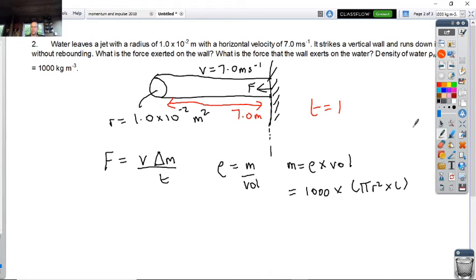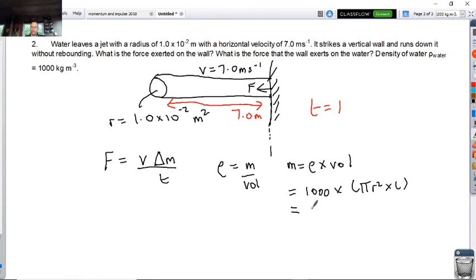Therefore, getting back to my wonderful black pen, you've then got your 1000, multiplied by pi, and now I have got 1.0 times 10 to the minus 2 squared, multiplied by the length, which is going to be 7. And you bung that on your calculator, which obviously I did beforehand. I got 2.2 kilograms.